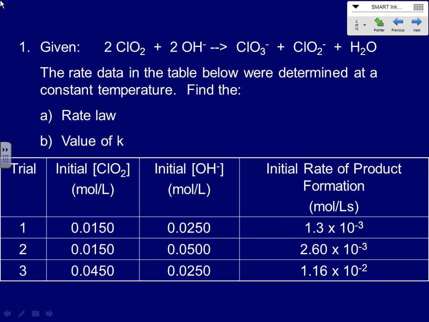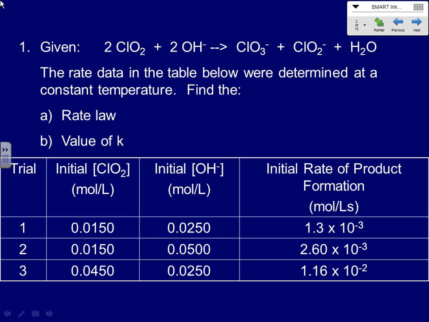So if I'm looking for the effect on the ClO2, which trials am I picking here? Which trials are going to be the 2 that I'm going to want to compare in order to just see the effect of changing the concentration of ClO2? Yeah, Caitlin? 1 and 3, because that changes the ClO2 but keeps the OH constant, all right? Because I have to have a controlled variable.